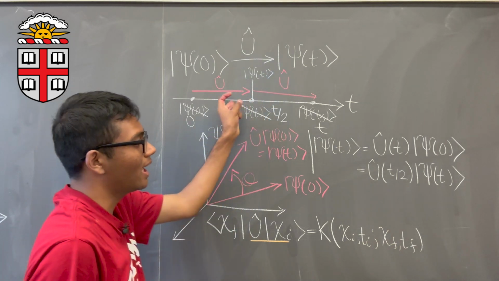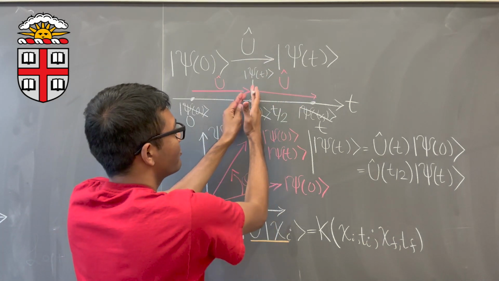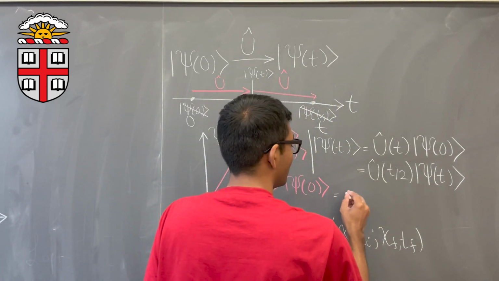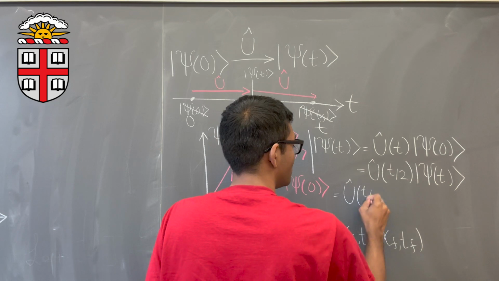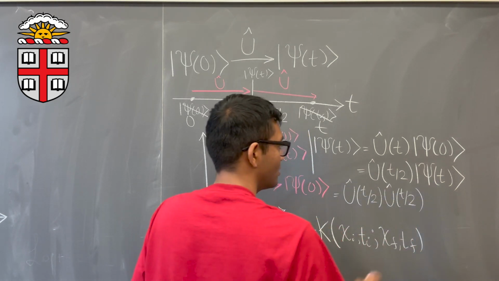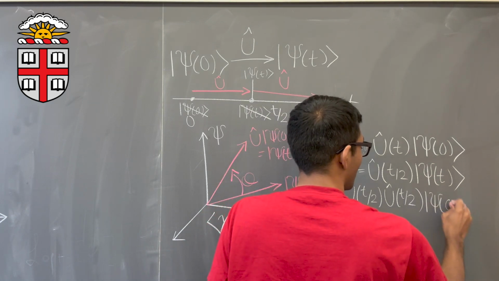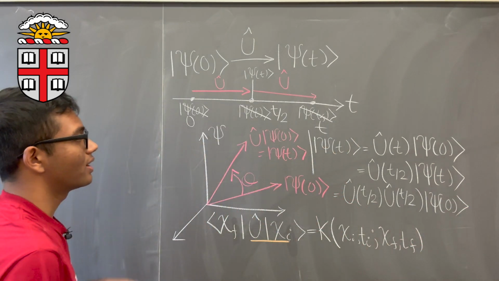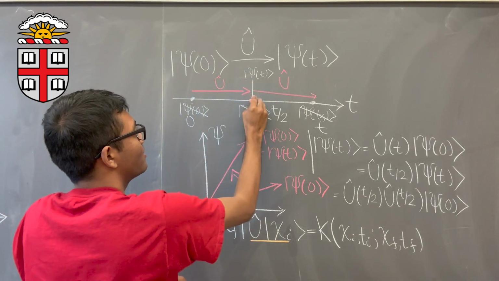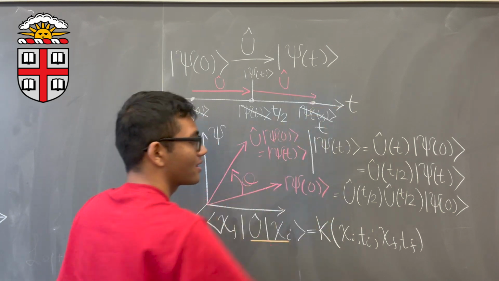So now if I apply u of t over 2, I go from the midway point to my final wave function. But I can do even better than that, right? I can apply u of t over 2 twice to my original wave function to get to my final wave function, right? So I can apply u of t over 2 once to get to the midway point and once more to get to the final point.